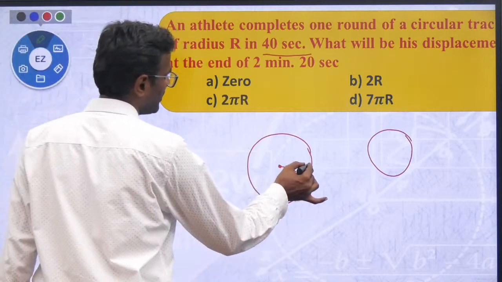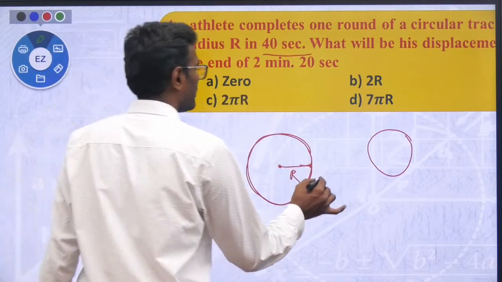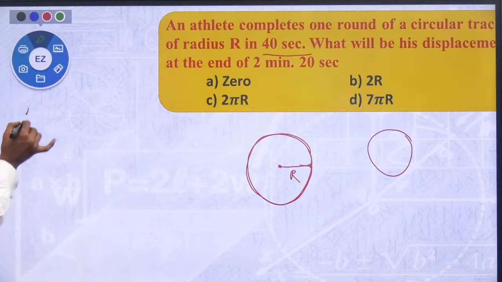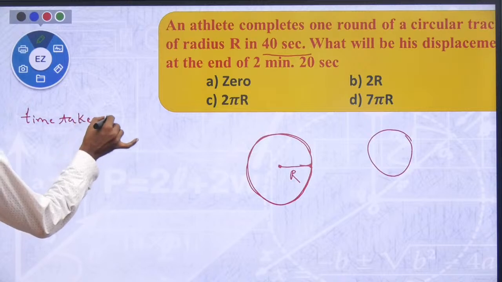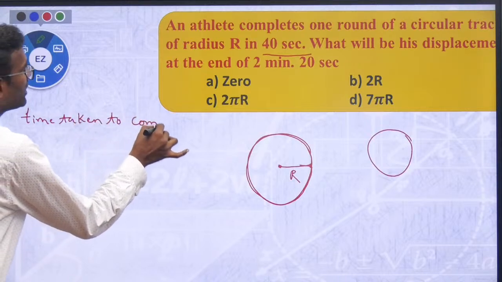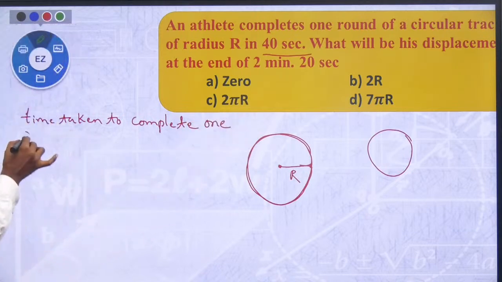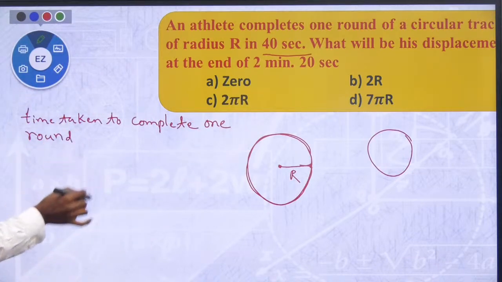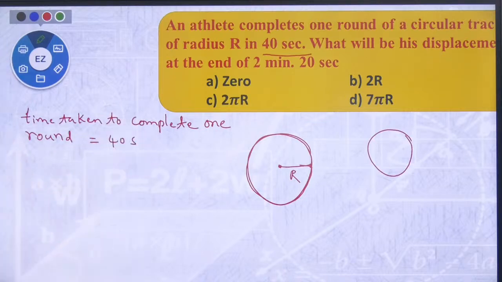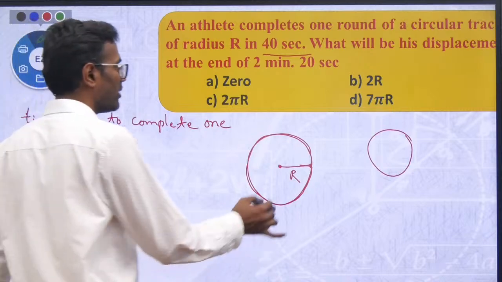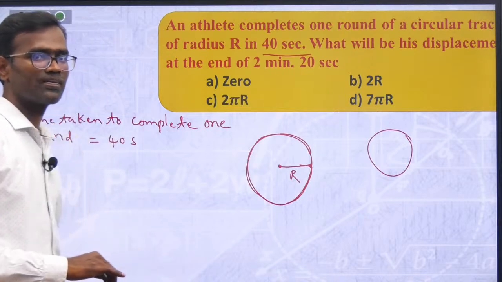How much time will we take for completion of one round? Time taken to complete one round in the circular path is 40 seconds. Every 40 seconds you complete one round, in 80 seconds 2 rounds, in 120 seconds 3 rounds.